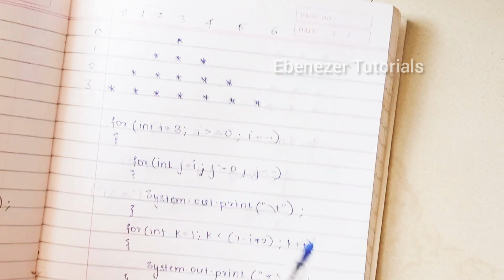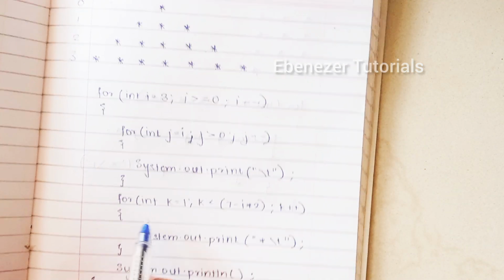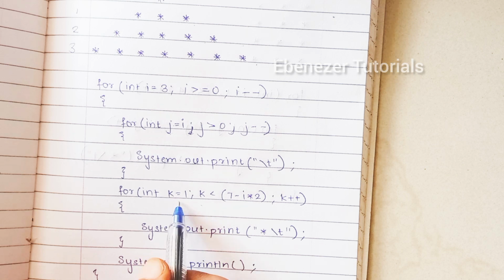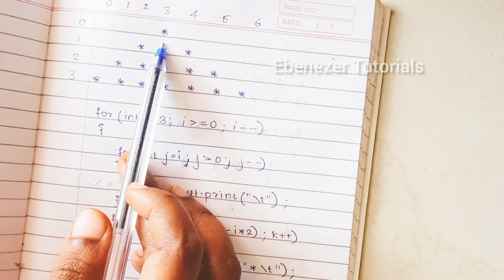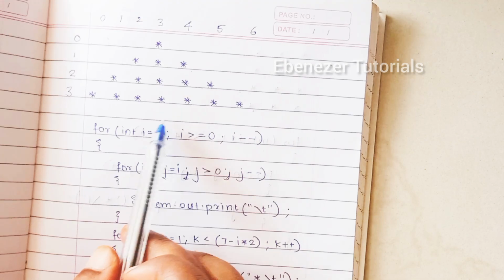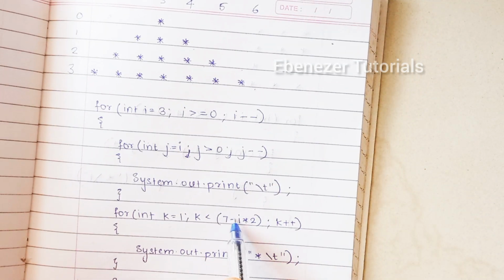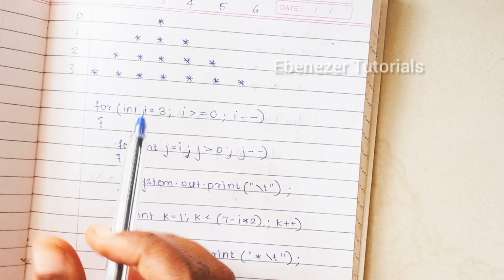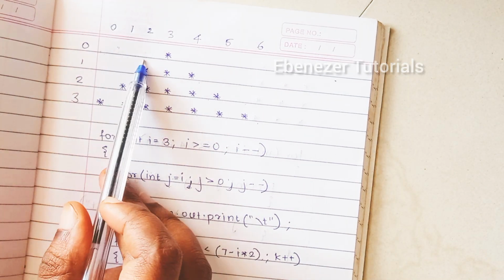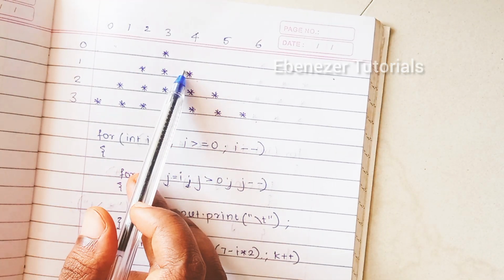For that, there's another loop. We are taking the iterating variable as k. Let's start with 1, because the number of stars starts with 1. The number of stars that we have to print is always 7, which is the total number of columns, minus i multiplied by 2. Let's see how it is working. In the first iteration, i is 3, so 3 multiplied by 2 is 6.